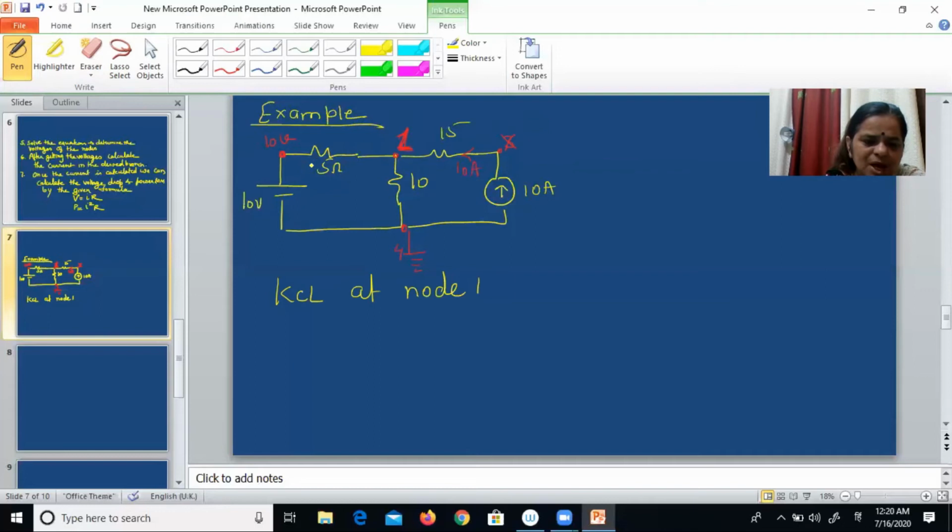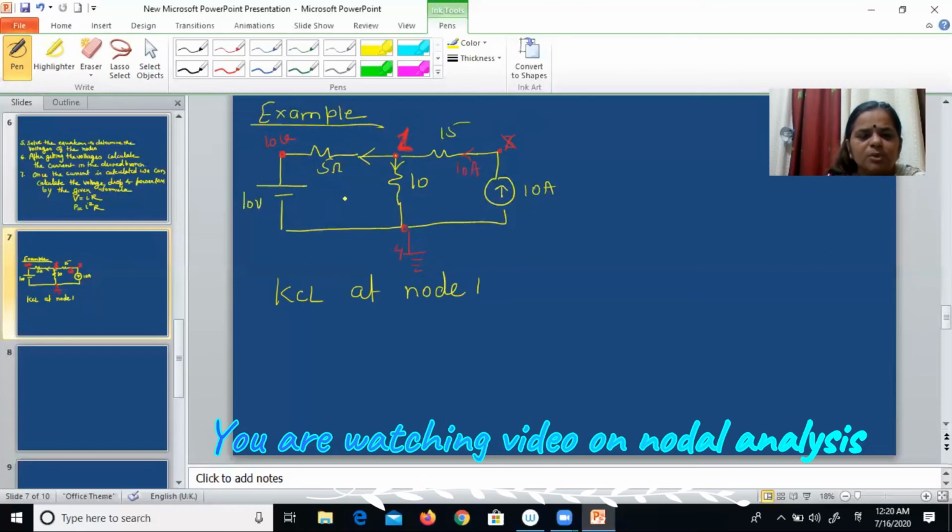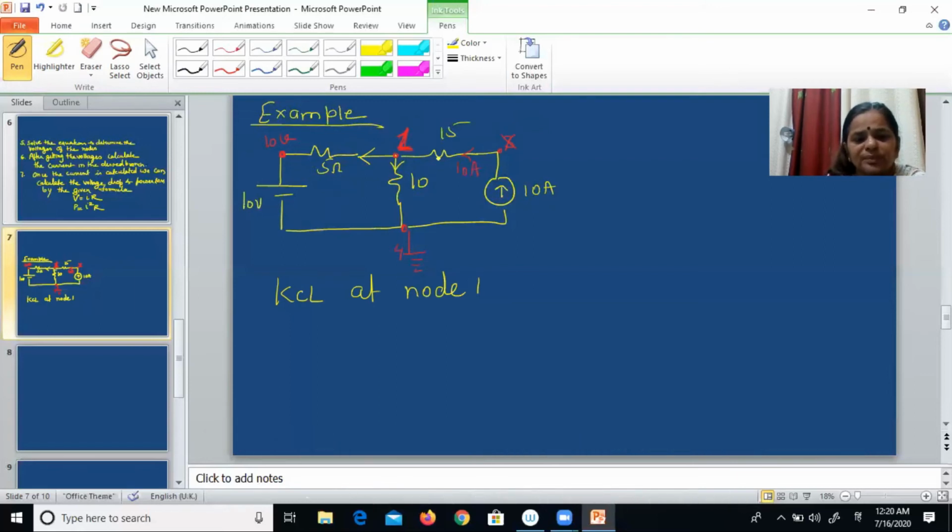This branch has no current source, so its current will be away from the node. This branch also has no current source, so that will also be away from the node. But this branch has a current source, so its direction will be as the direction of the current source. Unfortunately this current is incoming to the node, so we take that current direction as incoming to the node.